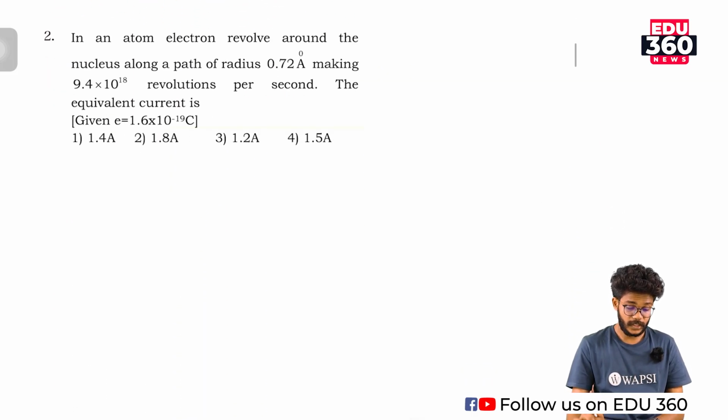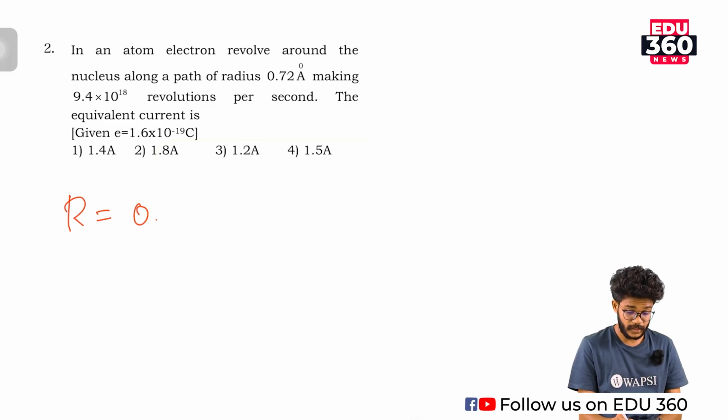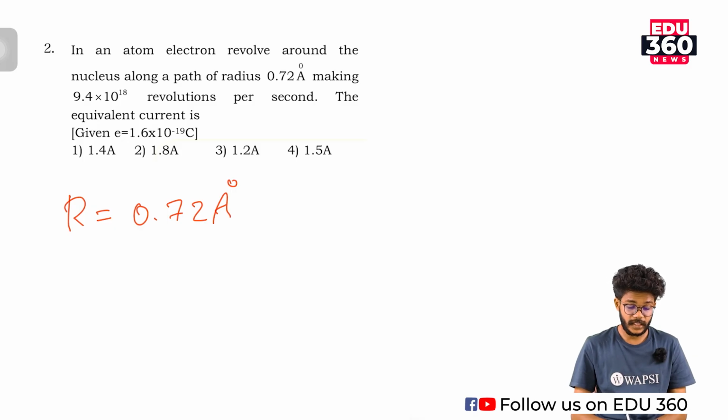The second one is: in an atom, an electron revolves around the nucleus along a path of radius r equal to 0.72 angstrom, making 9.4 into 10 raised to 18 revolutions per second. Revolutions per second means what? Frequency.